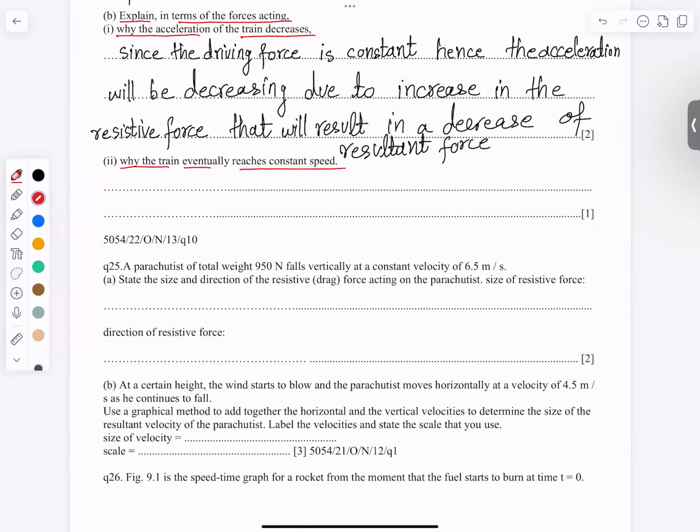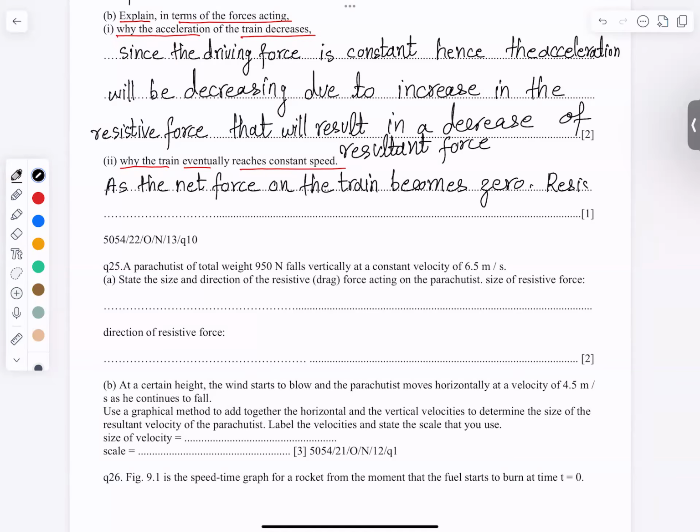the resistive forces grow to become equal to the driving force from the motor. So the train eventually reaches a constant speed as the net force on the train becomes zero.